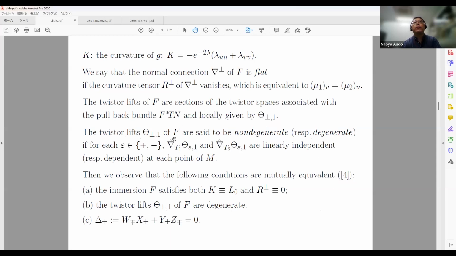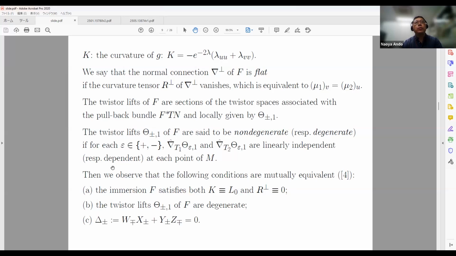The twistor lifts of F are said to be non-degenerate if for each epsilon plus or minus, these covariant derivatives of theta epsilon 1 by T1 and T2 are linearly independent at each point of M. The twistor lifts are said to be degenerate if for each epsilon, these covariant derivatives are linearly dependent.